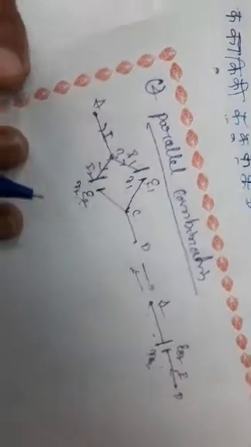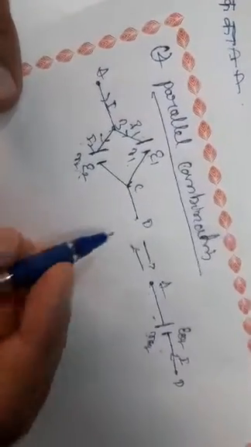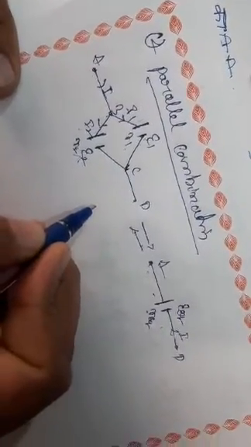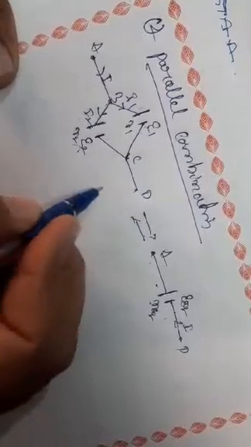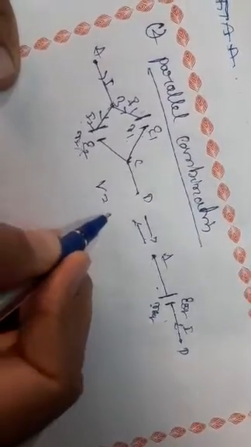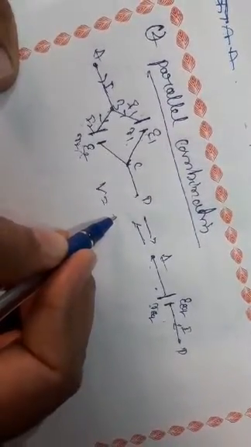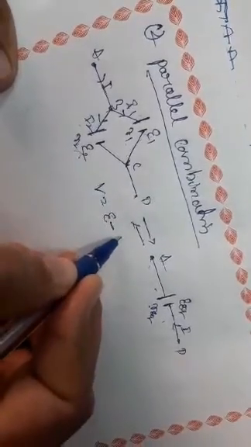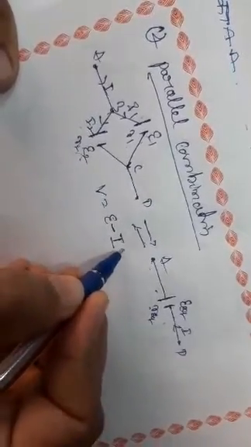First, using the terminal potential difference, by Ohm's law, V is equal to epsilon minus I times the internal resistance r, where I is the main current.